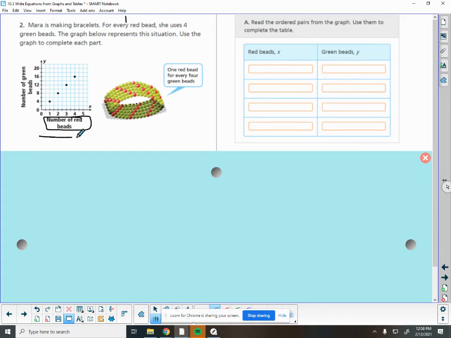We always go over first to get to our elevator, then our elevator can take us up. So over 1, up 4. X is 1, Y is 4. I'll do one more with you. Over 2, and then I went up 8. So over 2, up 8. See if you can finish this graph in part A and then come back.